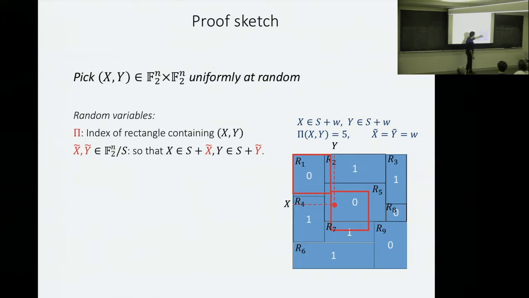In this example, my point landed here, so pi is 5. And by x tilde and y tilde, I mean the cosets of the subspace that my point lands on. So x tilde says that x landed on the coset S plus x tilde, and y tilde plus S is the coset that contains pi. Okay, so these are on this quotient.